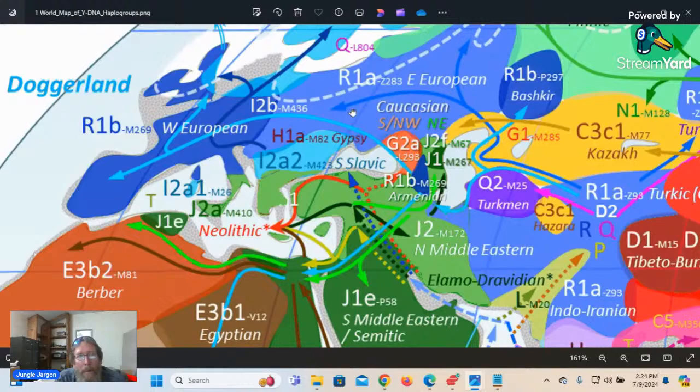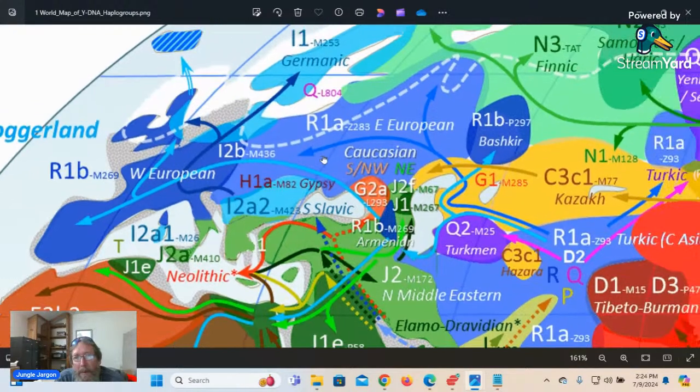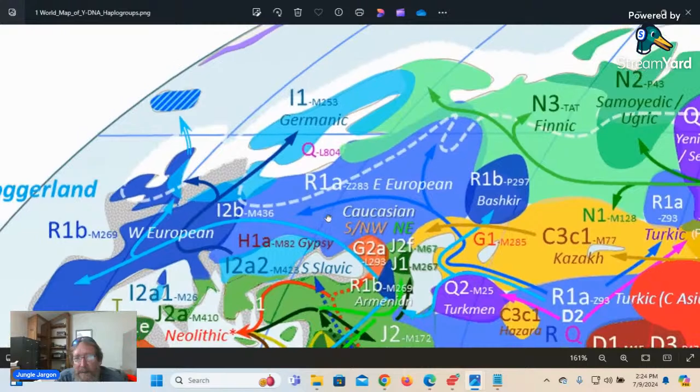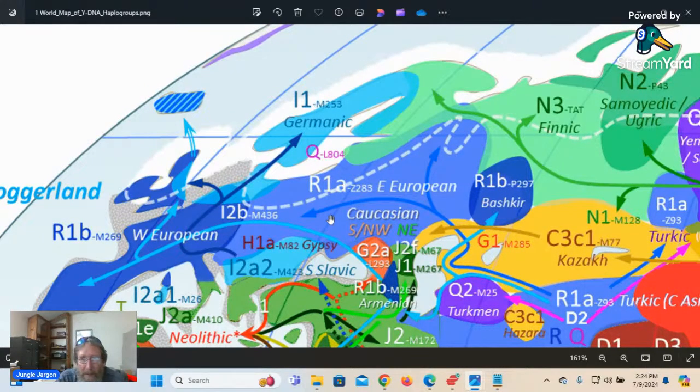Well, it's kind of mixed up here in Europe, but the Ashkenazi Jews recognized what land they were living in. And they were living in the land of Ashkenaz.